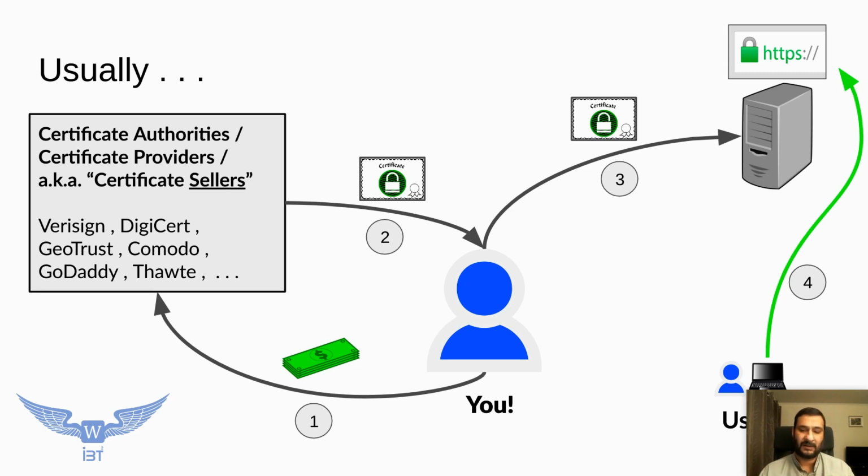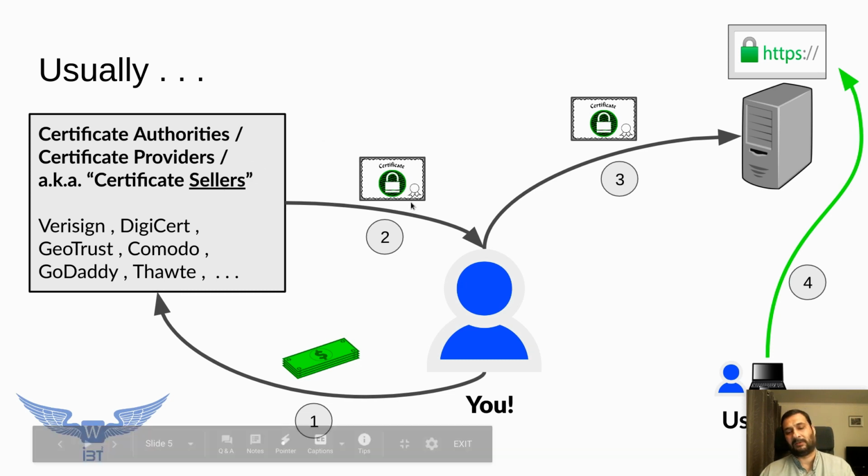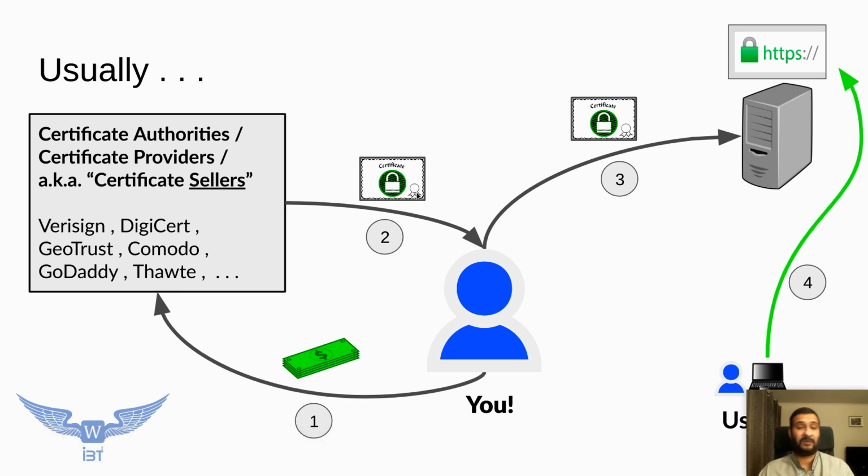These are some special files, and for a very long time until now, the only way to do that was to actually contact someone called a certificate authority or certificate provider or certificate sellers, and you would go and hand them a bunch of money and they would hand you back a certificate. So here you are giving them some money, and here they are giving you some certificate for your website.